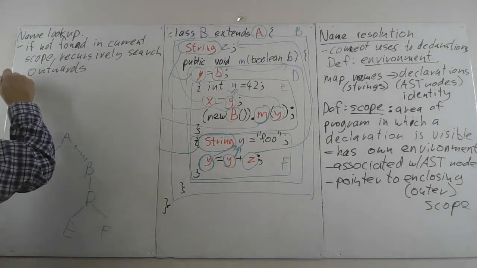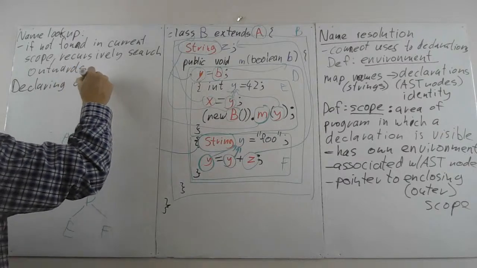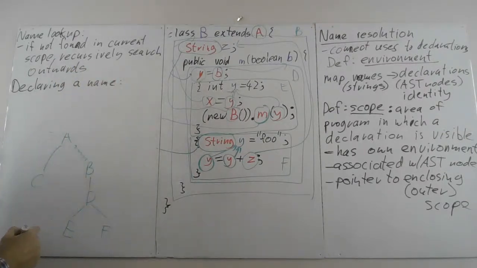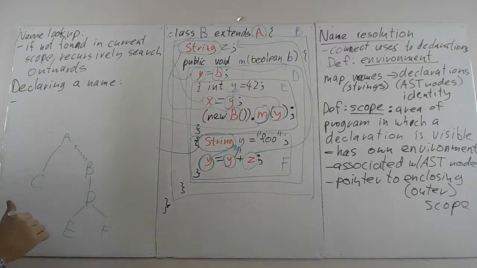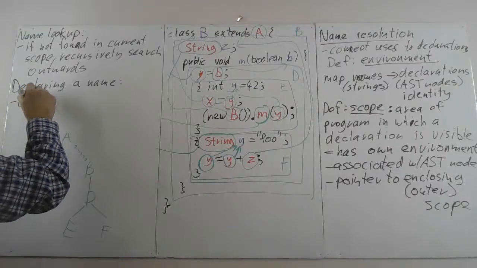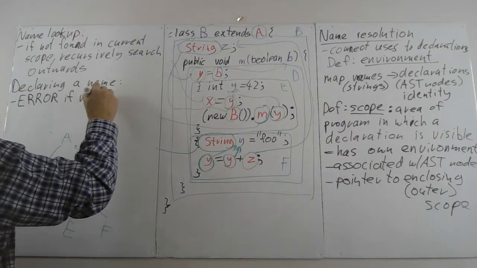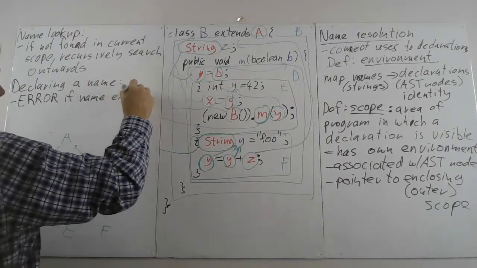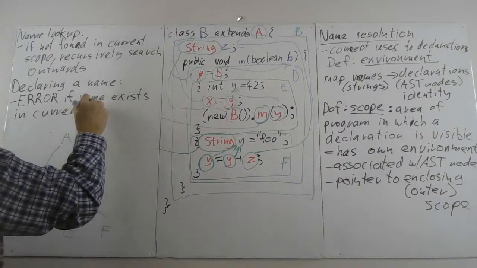Well, I want to contrast this with when I declare a name. When I see a declaration of a name, like here, I see a variable y being declared, I'm going to give an error if the name exists in the current scope.